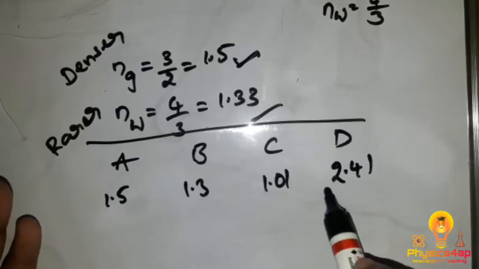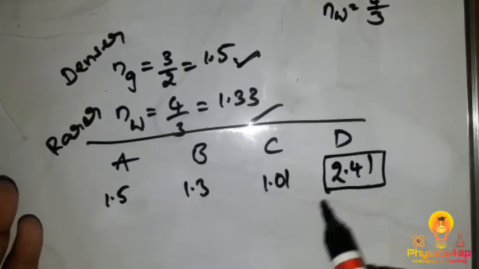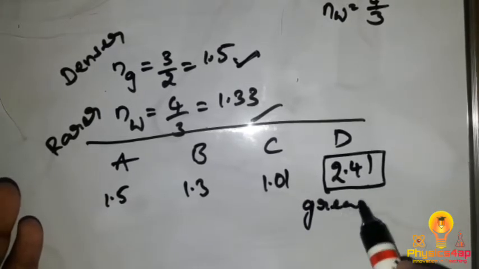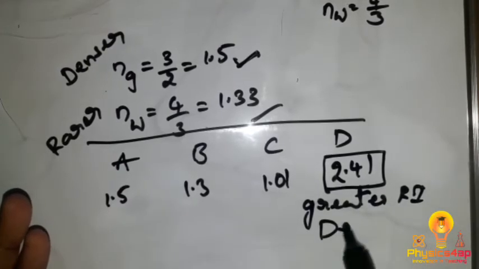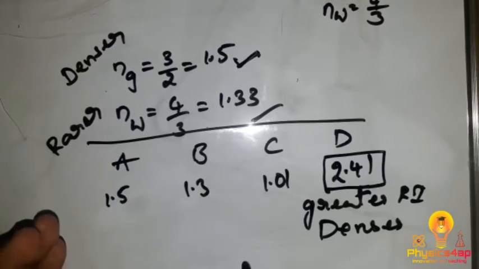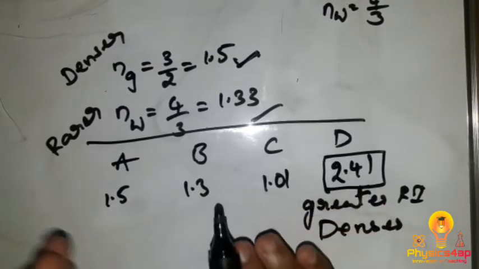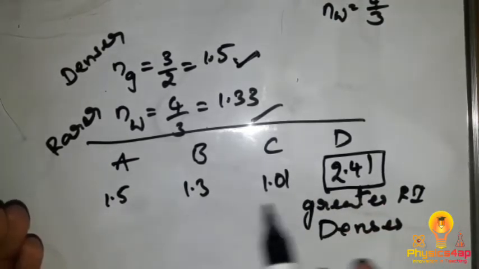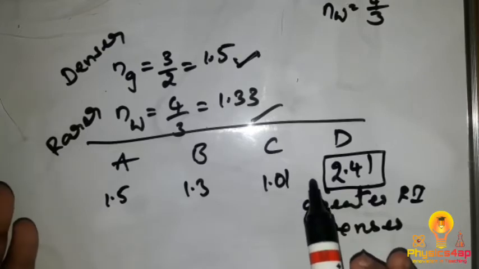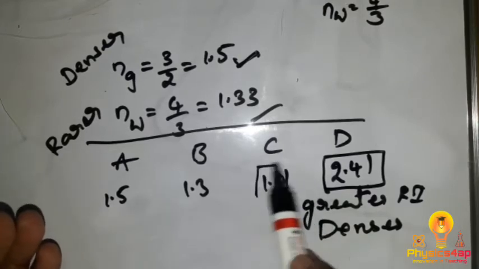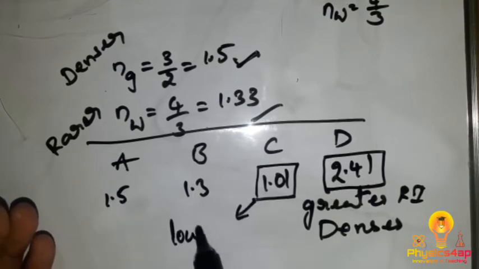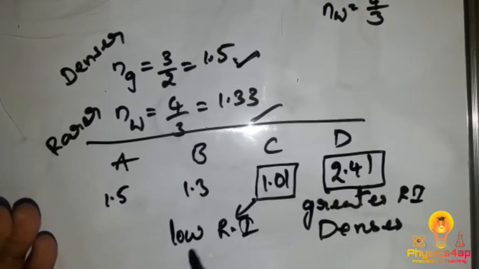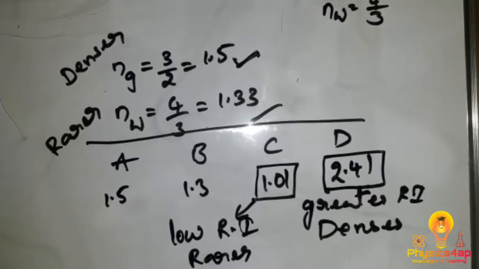The one with the greater refractive index is called the denser medium. And which one is considered the rarer medium? As C has the lowest refractive index, it is called the rarer medium.